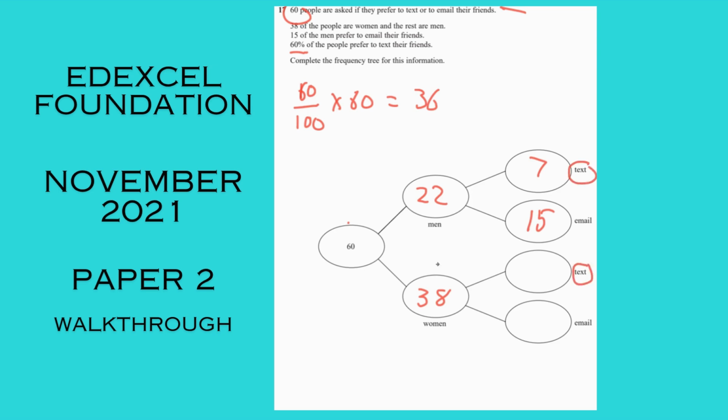So these two should total 36. So in goes your 29. That now leaves you with 9 in there for the 38 women in the survey.